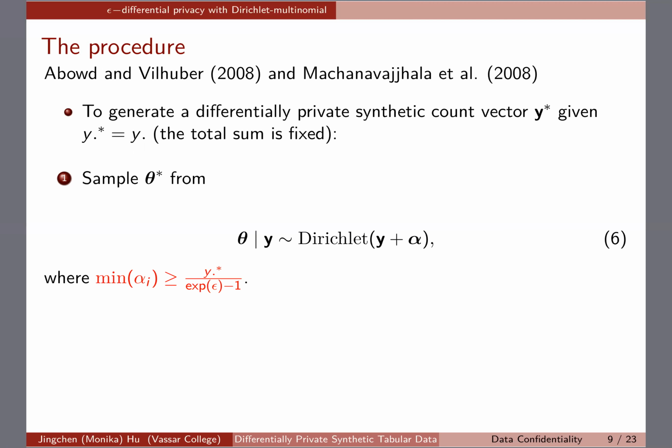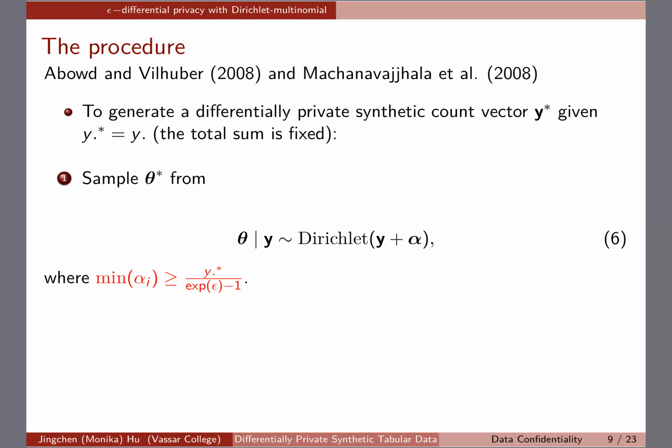So this is saying that any of the alpha I out of the alpha vector should be at least the sum of the y's divided by the exponent of epsilon minus 1, okay? Might look a little bit confusing or not sure why that is the case. So like I said, we're gonna talk through maybe not too much in detail about why that is the case after we cover the procedure, but we highlight it here because that's the key.